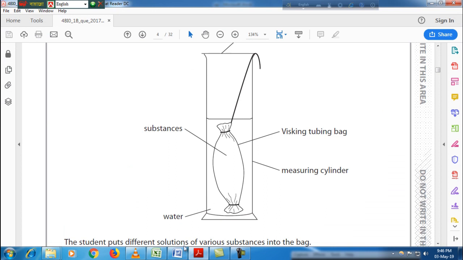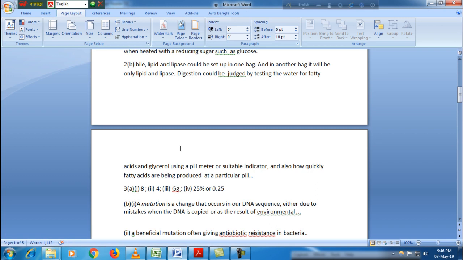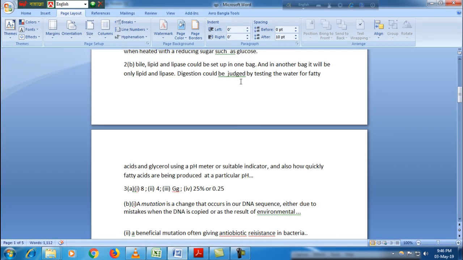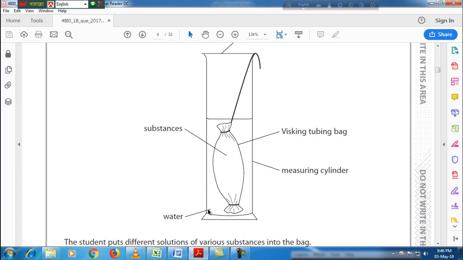So digestion could be judged by testing the water for fatty acids and glycerol using a pH meter. So we can measure with a pH meter or suitable indicator in the water. In water, how much fatty acids and glycerol is found, we can measure by the suitable indicator or pH meter.